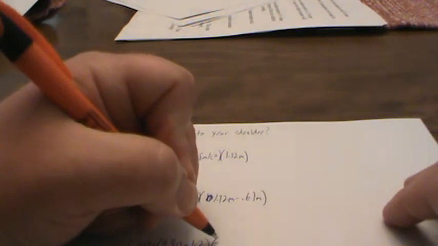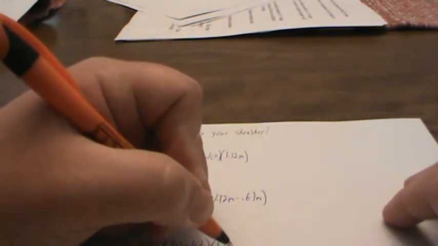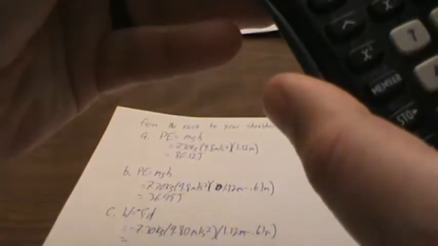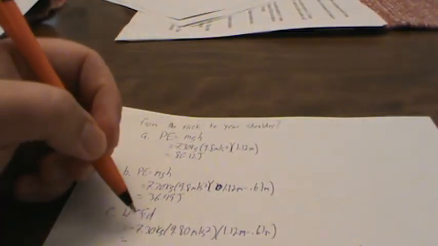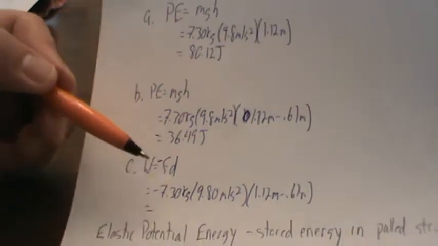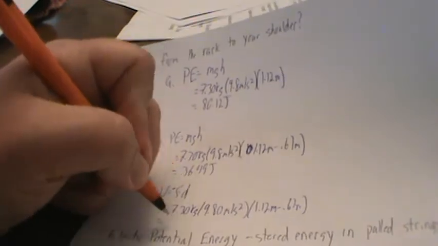Then our distance again, 1.12 meters minus 0.61 meters. We're doing the same calculations that we did for B, but since we have a negative sign in front of it, our work done by gravity is going to be negative 36.49 joules.